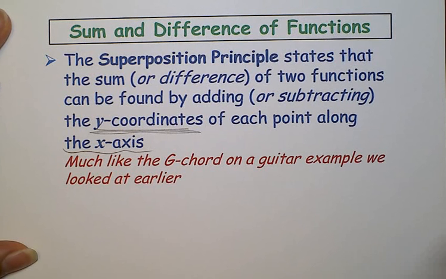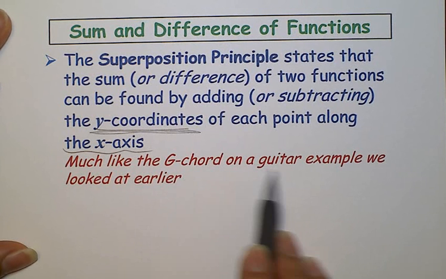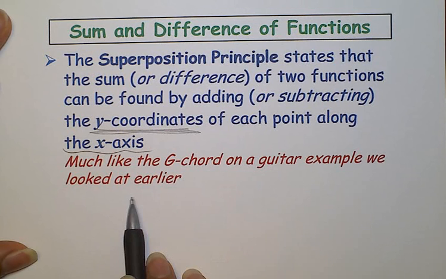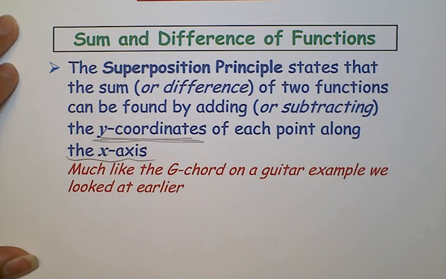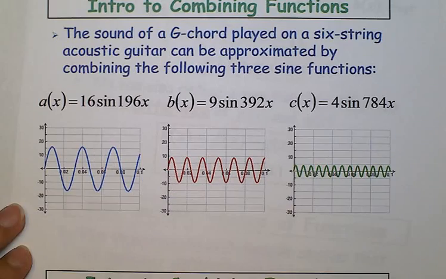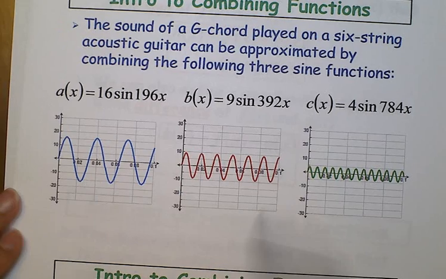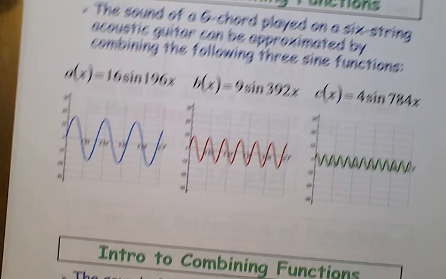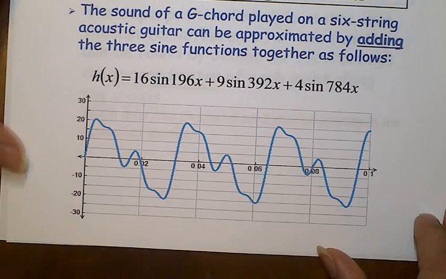So this is much like the G chord on a guitar example we looked at earlier. If you remember the example we talked about earlier, we had three different functions. And in order to come up with the graph of the new function that actually made the sound of the G chord, what we had to do is take each of those graphs and add them together.